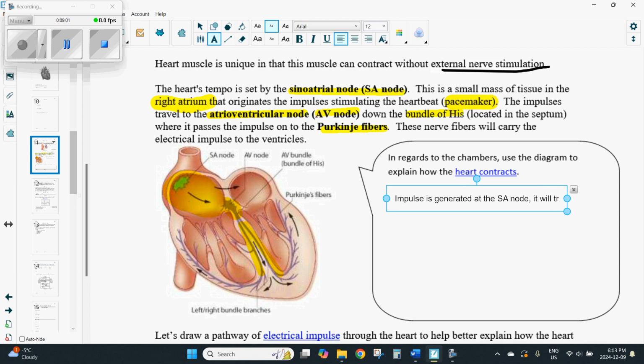It will travel down the right atrium. I'm going to put RA for right atrium. Now, technically, it's the wall of the right atrium towards the left atrium, LA, left atrium.